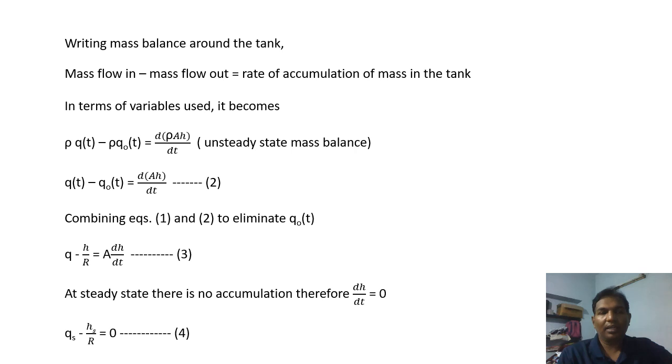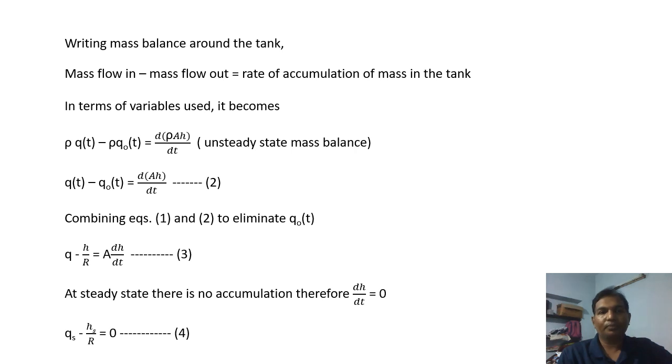So density is given as rho, and the volumetric flow rate is given as Q of T. So the mass flow in will be rho into Q of T minus mass flow out. In similar fashion we can write rho into Q naught of T, since Q naught of T is the outlet volumetric flow rate.